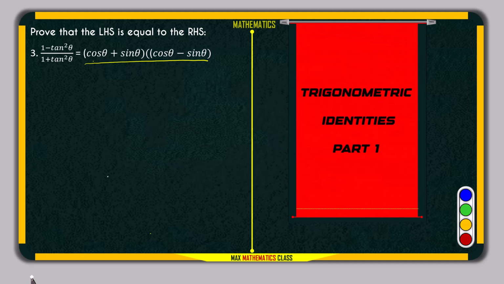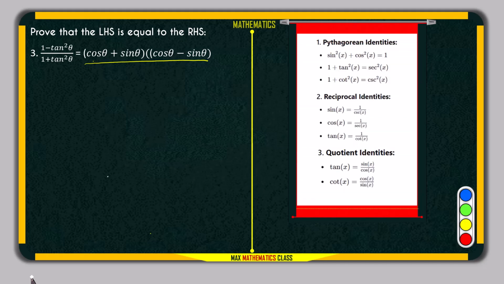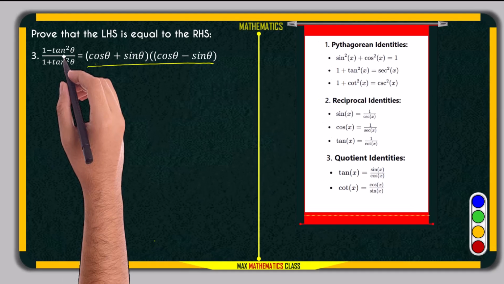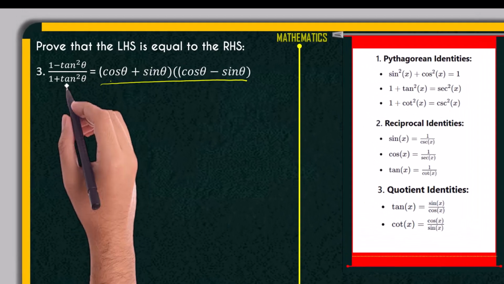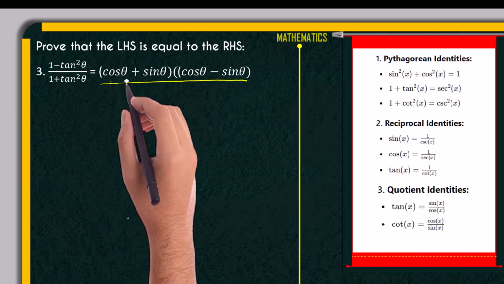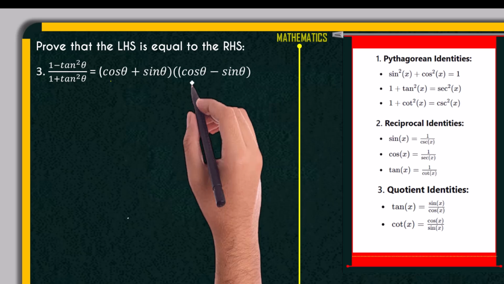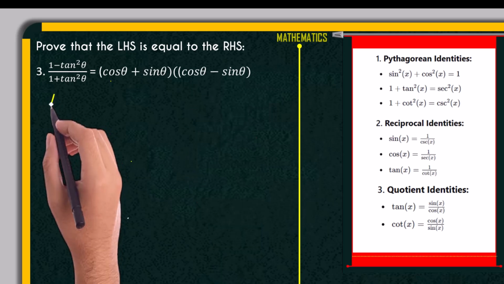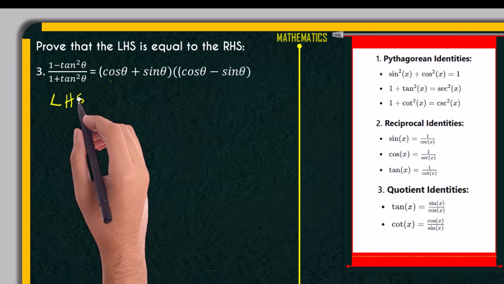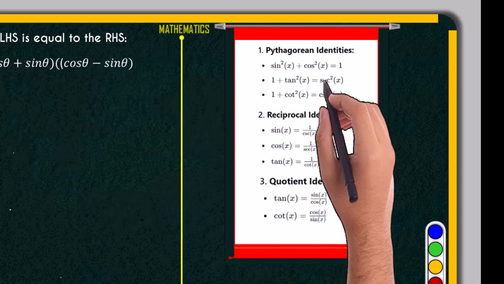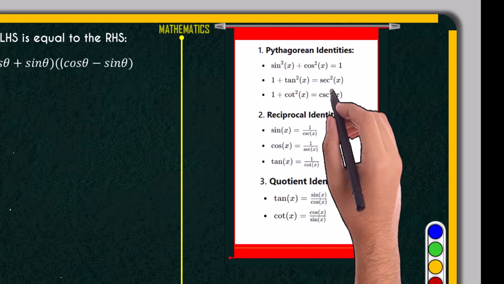Now for number 3, we are going to prove that 1 minus tan square theta over 1 plus tan square theta is equal to cos theta plus sine theta in bracket times cos theta minus sine theta in bracket. So this time around, let's pick the left hand side again. So take note of this. We are going to make use of the Pythagorean identity here.